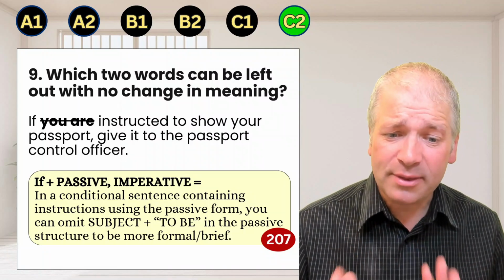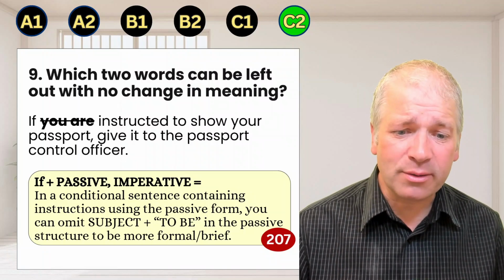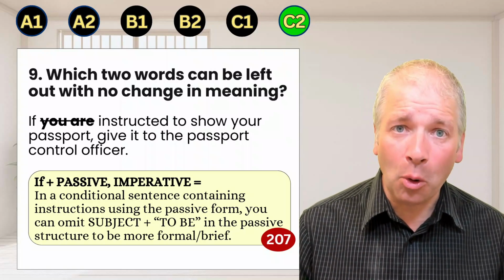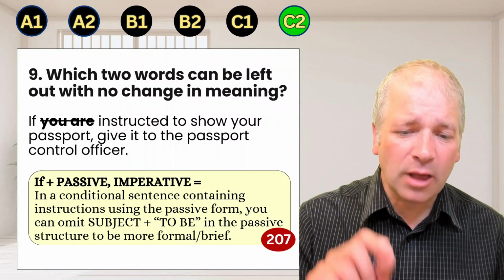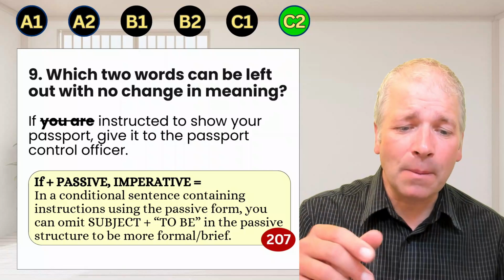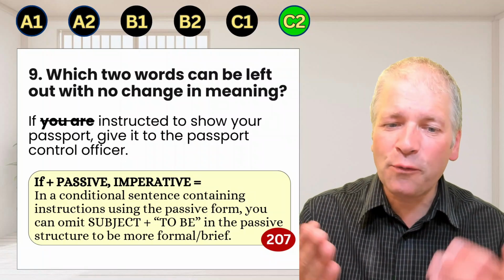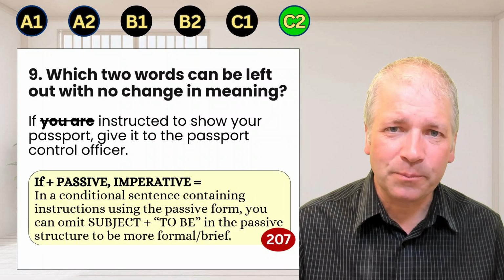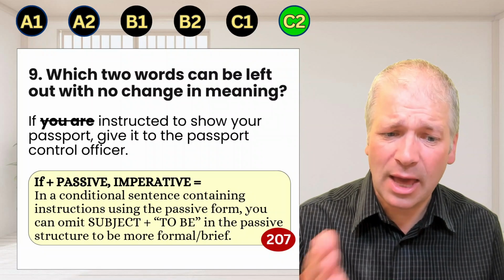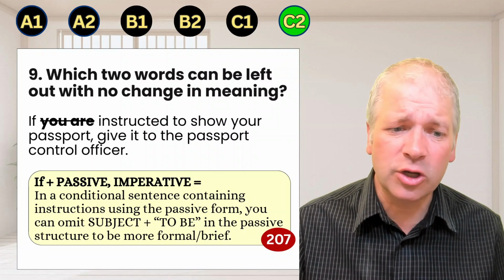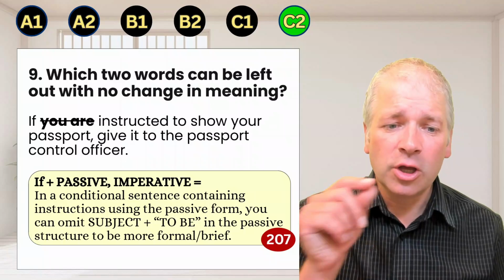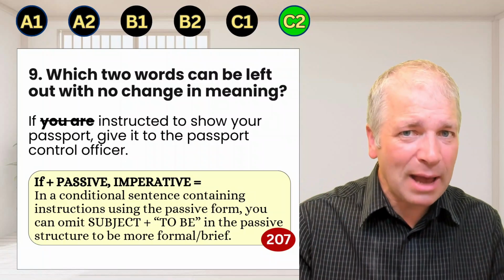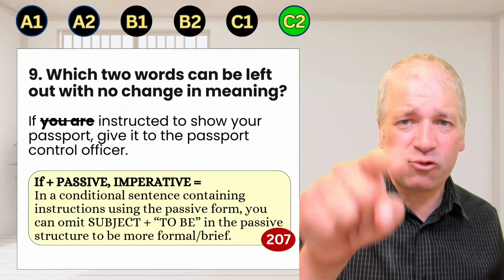In a conditional sentence containing instructions, using the passive form, you can omit subject plus to be in the passive structure to be more formal and brief. So instead of saying if you are instructed, you could say if instructed. You are instructed is the passive form because someone else instructs you.